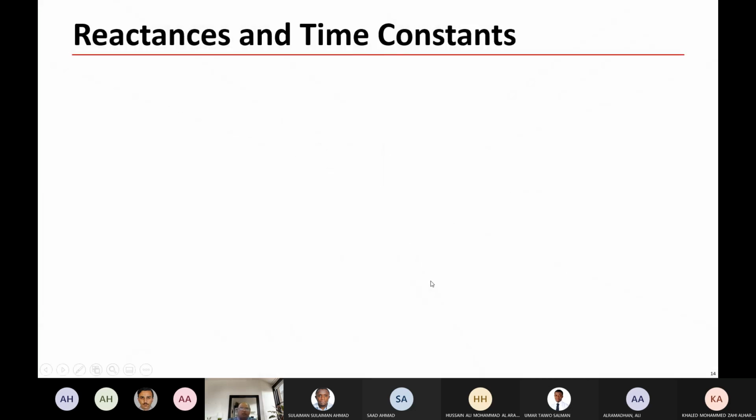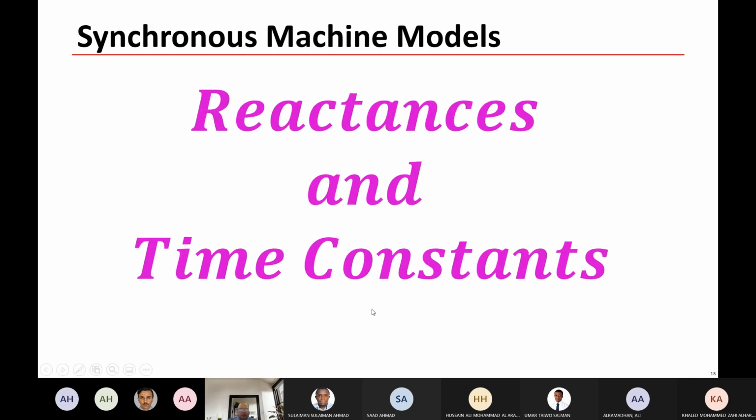Okay, so I think we stopped here last time: reactances and time constants of the synchronous machine.